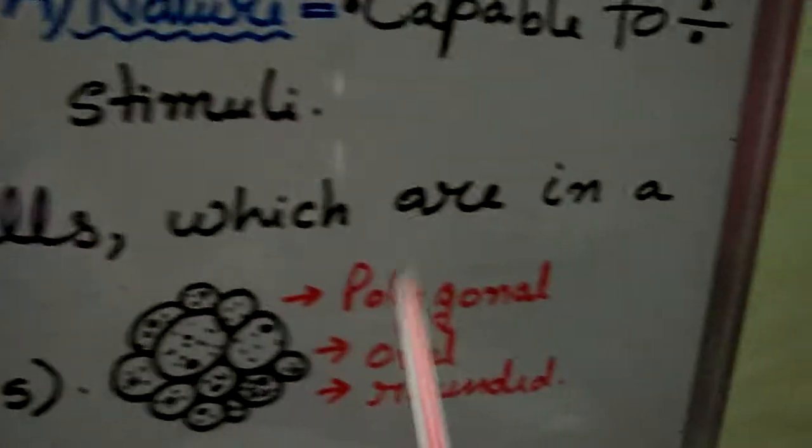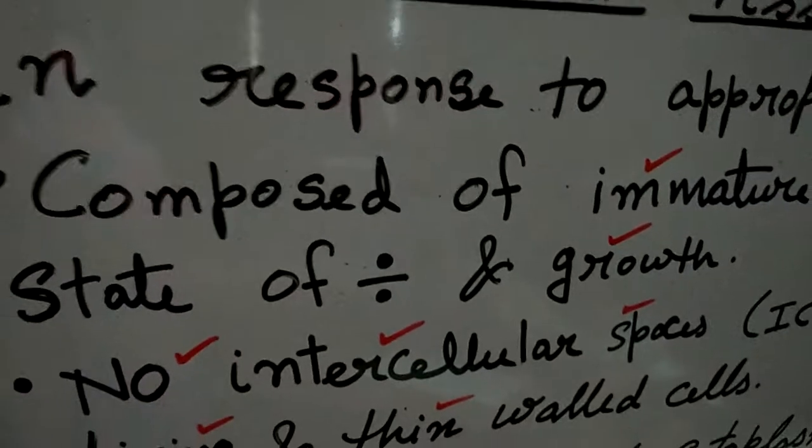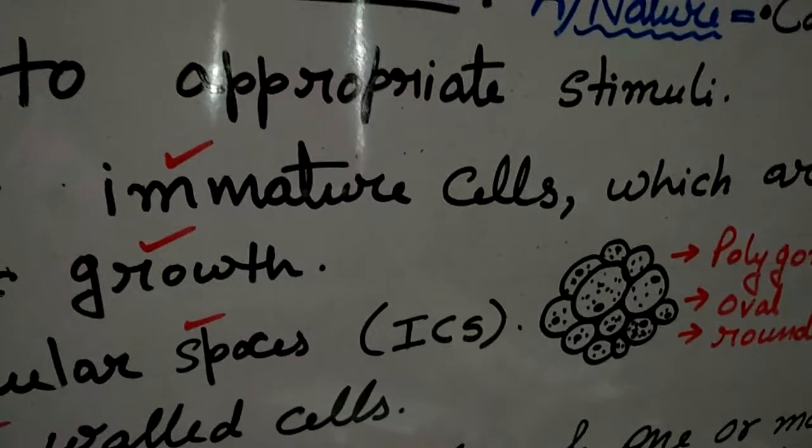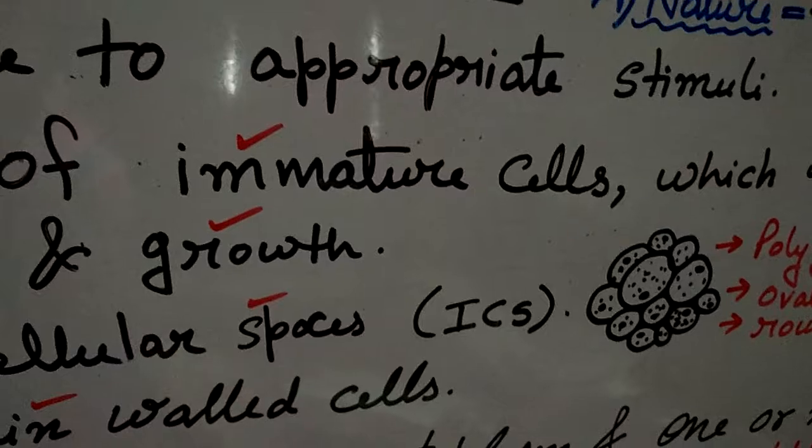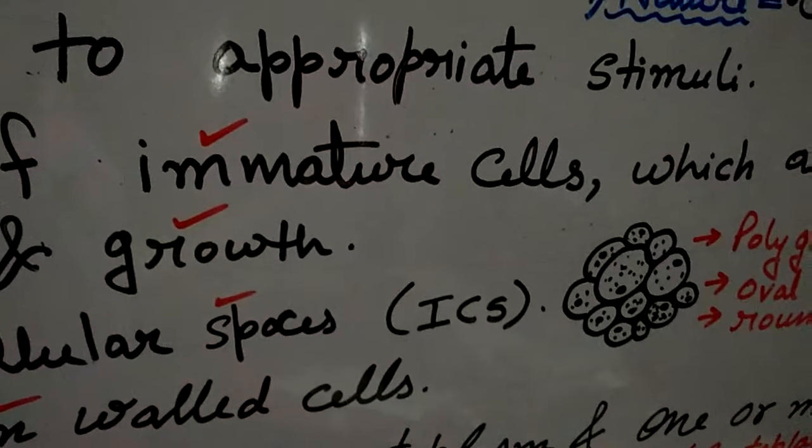Composed of immature cells which are in a state of division and growth. So meristematic tissue is composed of all immature cells which are not mature, or which are not precocious. Precocious means mature early.